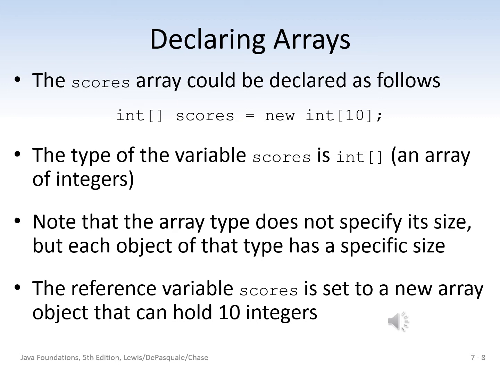Note that the array type doesn't specify its size, but each object of that type has to have a specific size. So int brackets scores is the object reference variable, and then it gets assigned an array object of integers that is size 10.